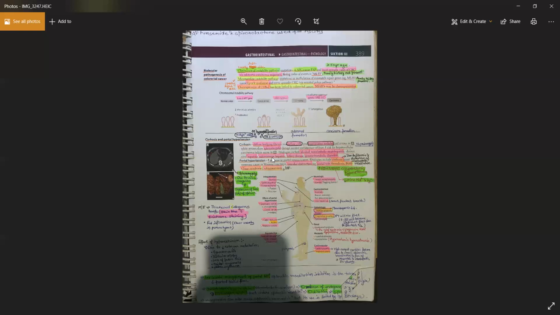Does anyone know why? Yeah, because the liver is getting bypassed and no ammonia is getting metabolized anymore. Yeah, exactly. So if you get hyperammonia along with portal hypertension, please note you cannot do the TIPS. Only in the uncomplicated case of portal hypertension can you do the TIPS.